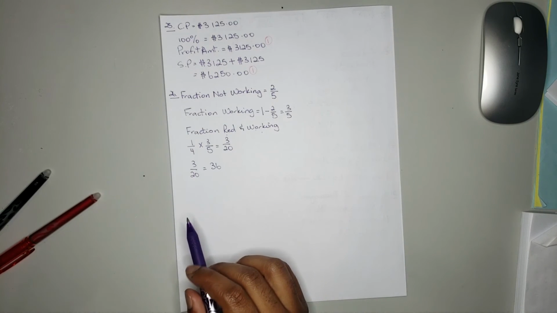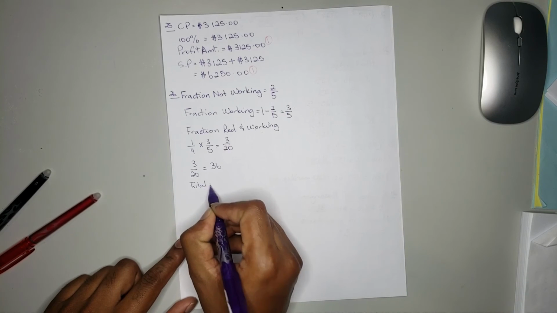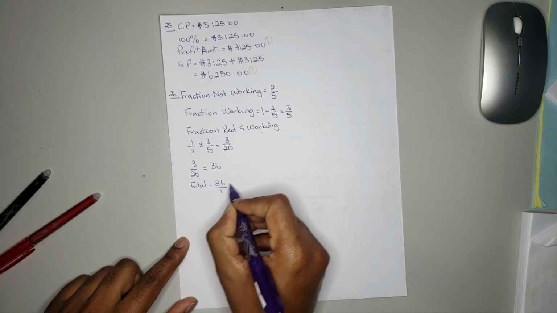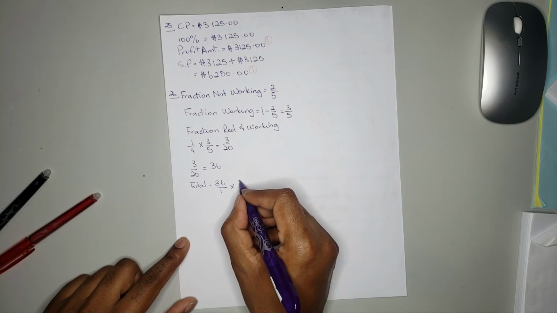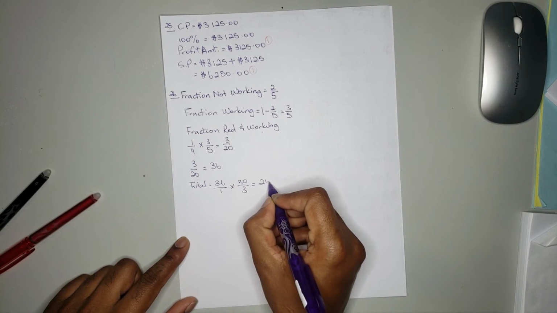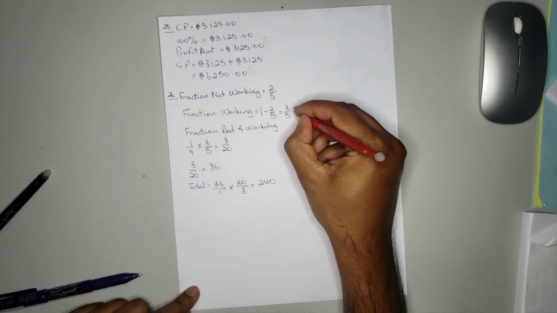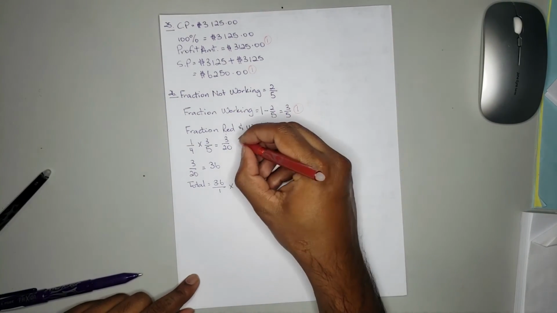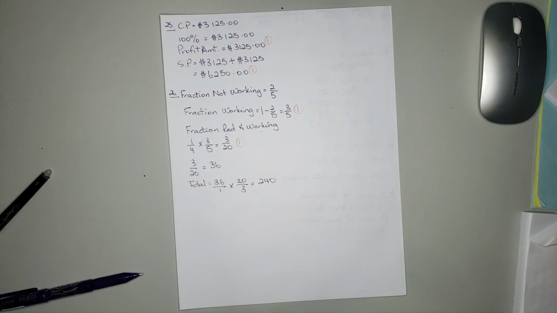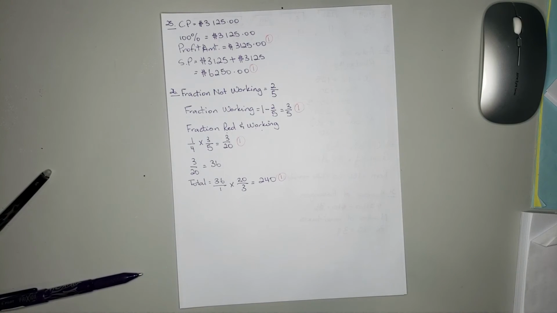To calculate the total of the whole, total is equal to the quantity given multiplied by the invert of the fraction, which is 20/3. And you will get 240 pens. To get the marks, you'll get 1 mark for calculating the fraction working, 1 mark for calculating the fraction that is red and working, and 1 mark for calculating the correct answer.